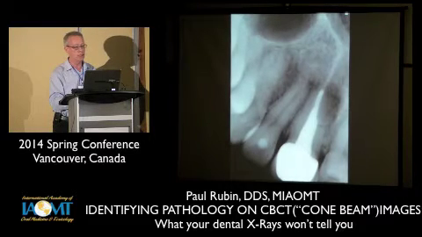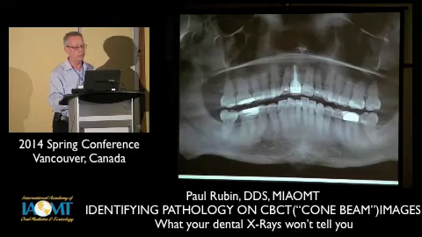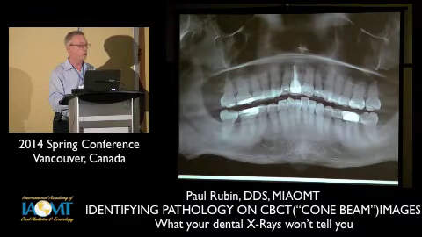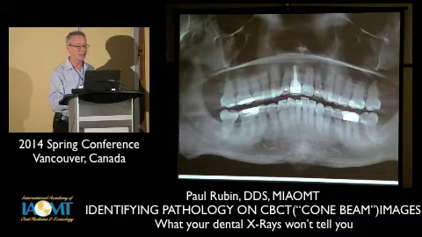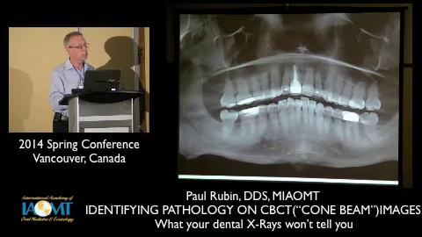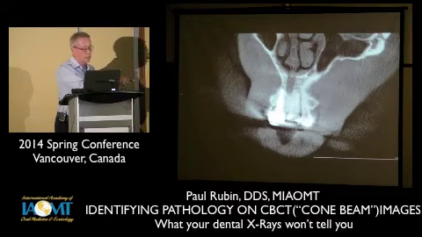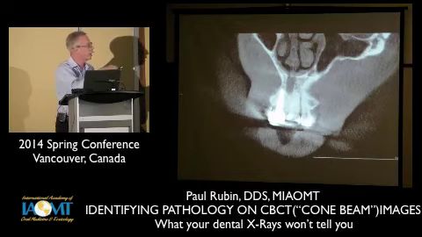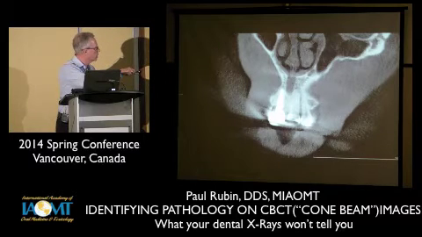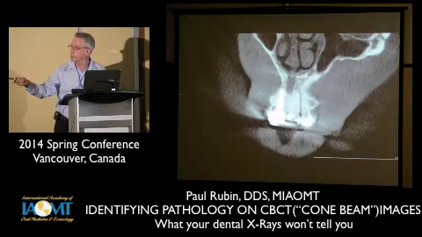When we look at the cone beam image, well, here's the panoramic from the cone beam image. The cone beam image is always going to give you a panoramic view as well. This doesn't look quite as easy to interpret. But if we start looking at slices, and again, I can't go through this live, but as we go in and out of the images here, this radiolucent area becomes much more clear now.